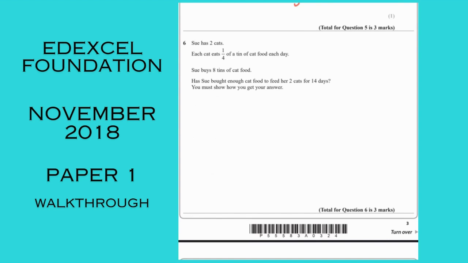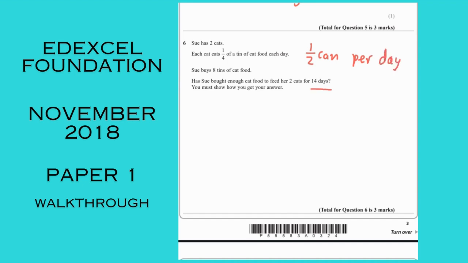On we go. Bit wordy, but not the worst. Sue with her 2 cats, each cat quarter of a tin a day. So that means 2 quarters per day, or in other words, half a can per day.